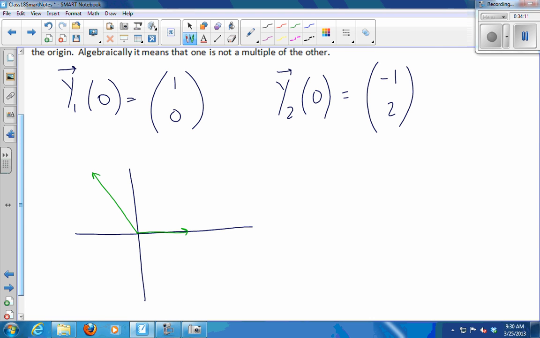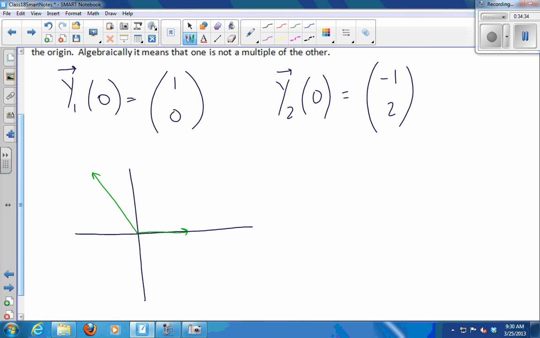So they don't lie on the same line through the origin. And one is not a multiple of the other. So if y1 of 0 were 1, 1, and y2 of 0 were 3, 3, we would say not linearly independent, right? They're multiples. And if we were to plot them, one would just be an extension of the other. One would just be longer.